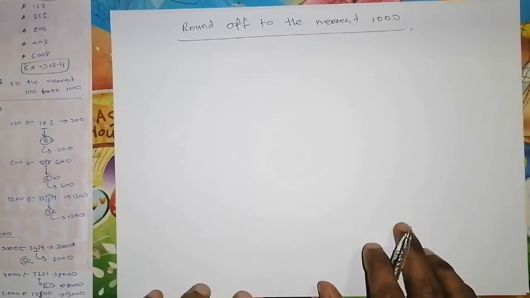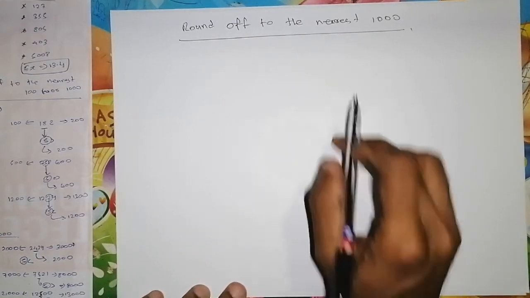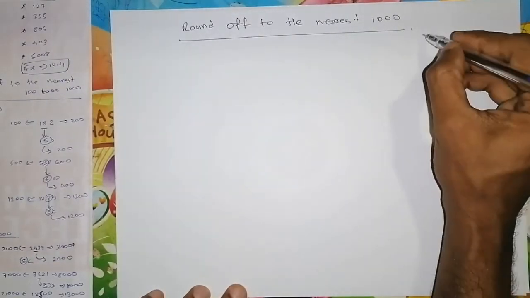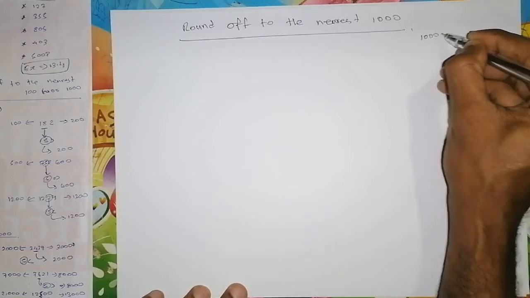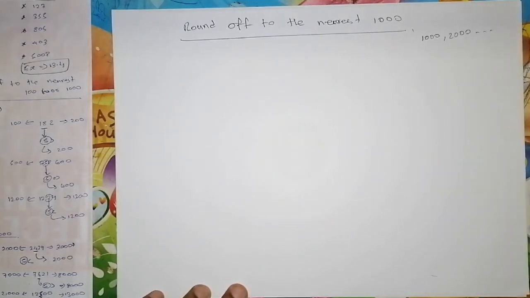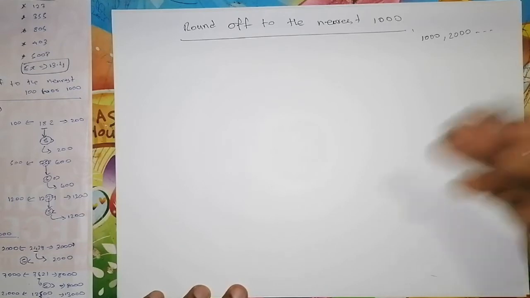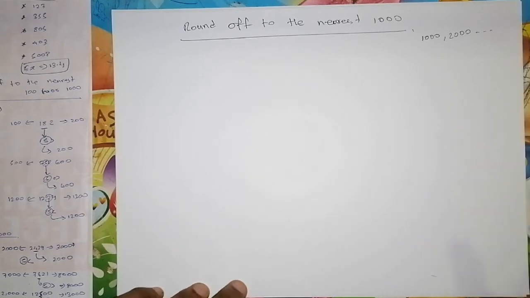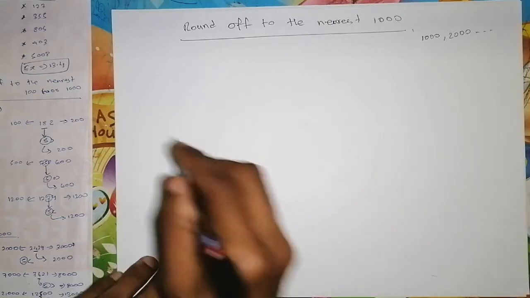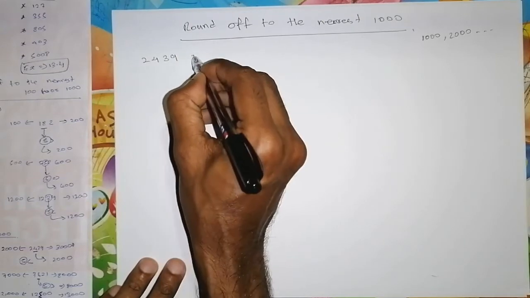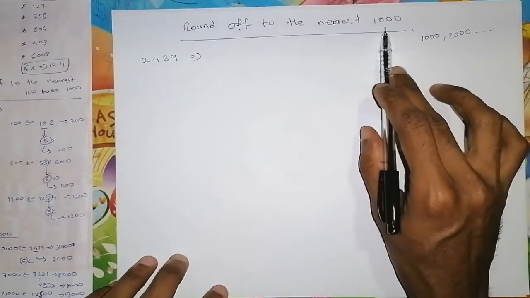In the same way, we have to check the given number is between which 1000s. So we have to check the starting is 1000, 2000, 3000, 4000, 5000, 6000, up to 10,000. It will go like this. We have to check in between which 1000. Okay, we'll take an example. 2439. Round off to the nearest 1000.